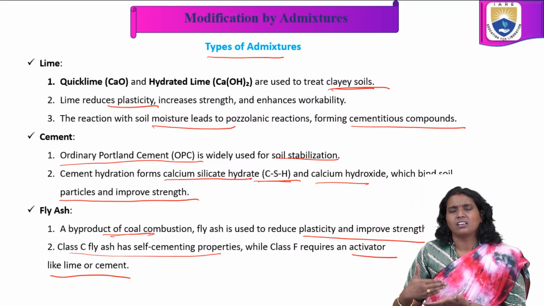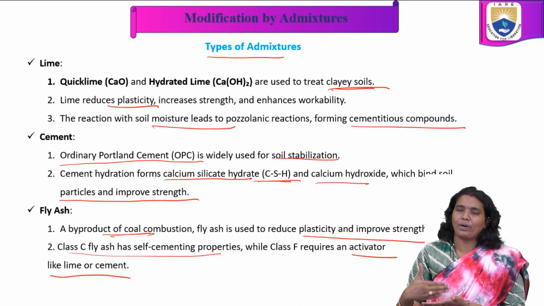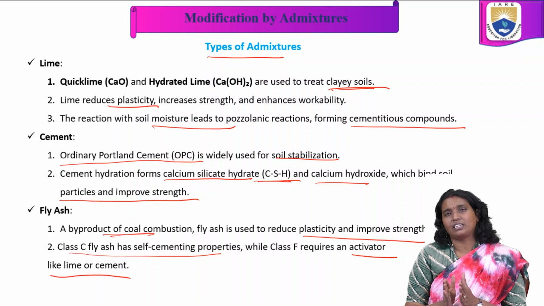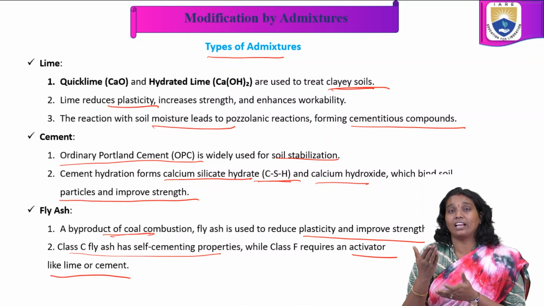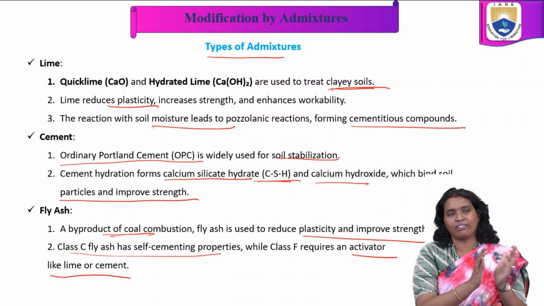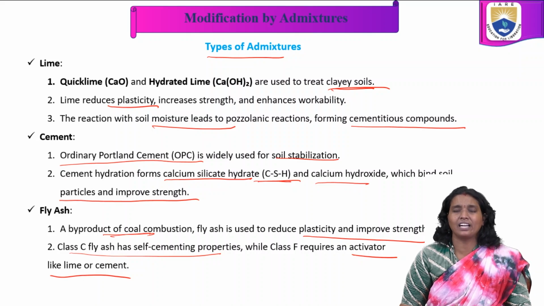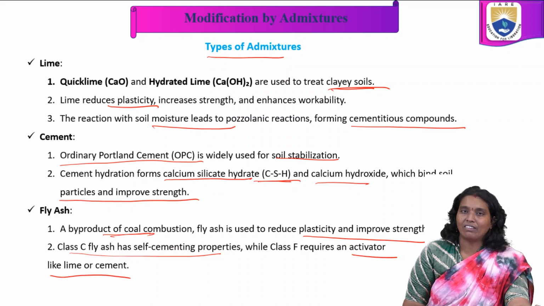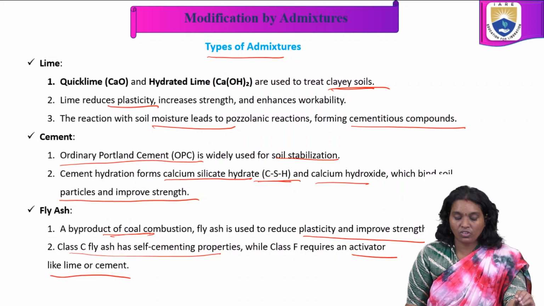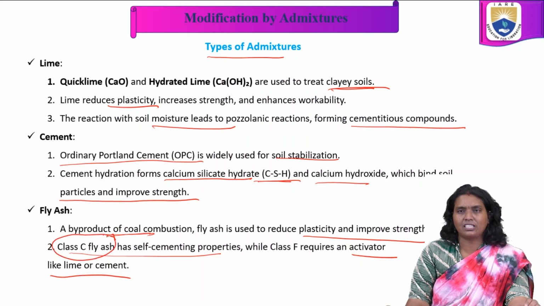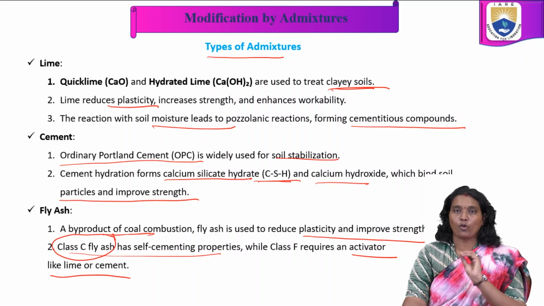There are tests for fresh properties and hardened properties. For the fresh tests we conduct V funnel, L box, and J-ring. If each property falls within the range, it can be called self-compacting concrete.